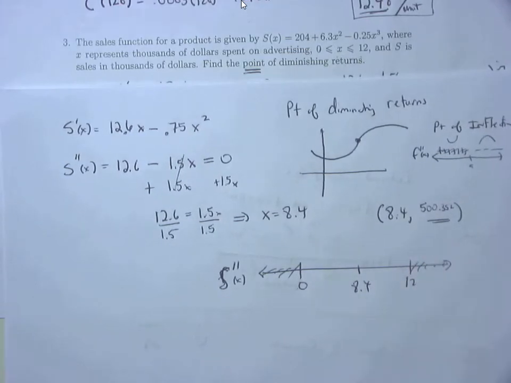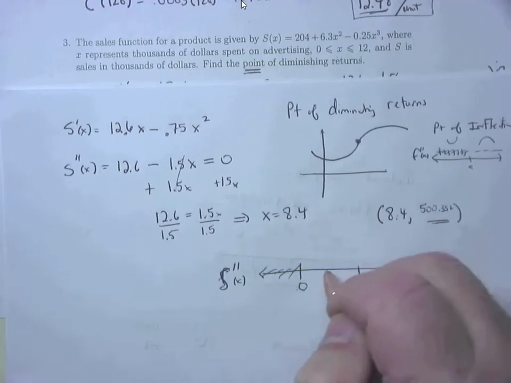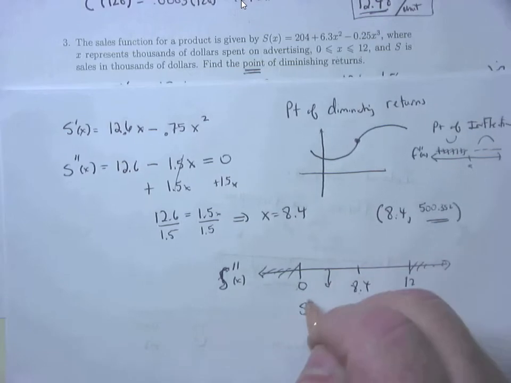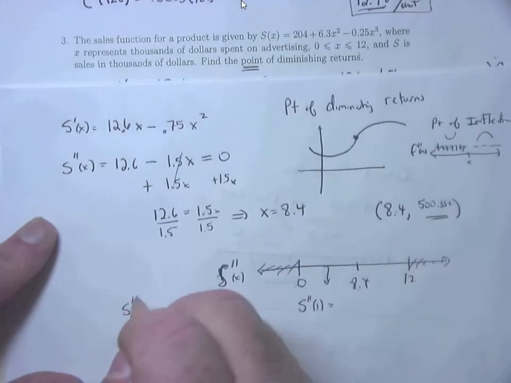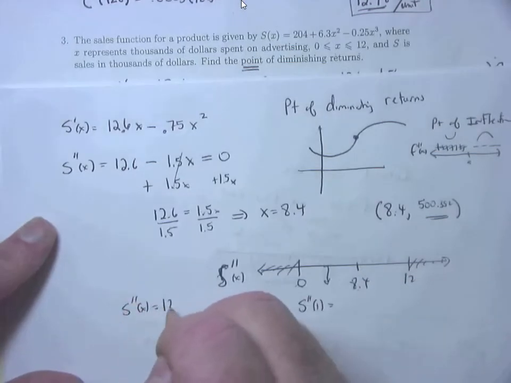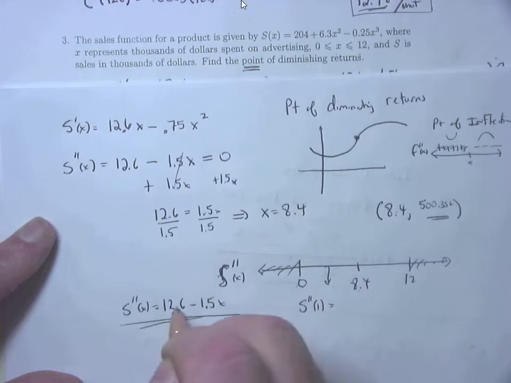Now I'm going to show you this is a point of diminishing returns by checking out the concavity, the second derivative, around this particular point. I'm going to pick a point between 0 and 8.4. I choose 1. S double prime of 1. This is my second derivative. Just to remind you, your second derivative is 12.6 minus 1.5x. Bunch of decimals, but it's not too bad.